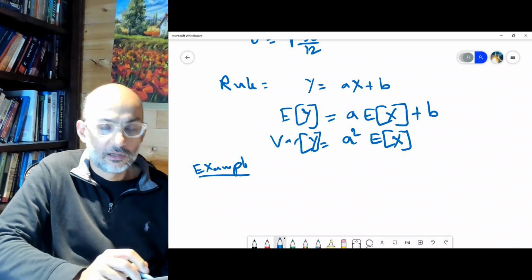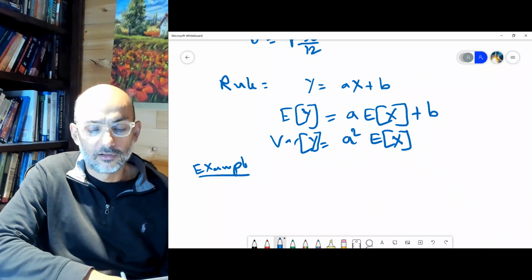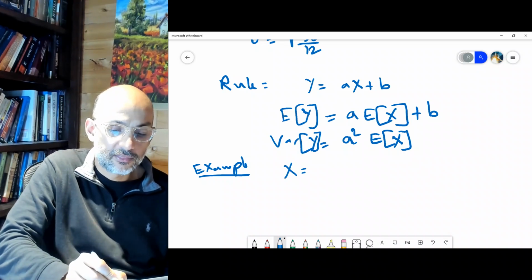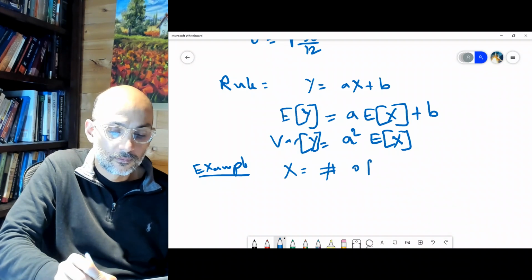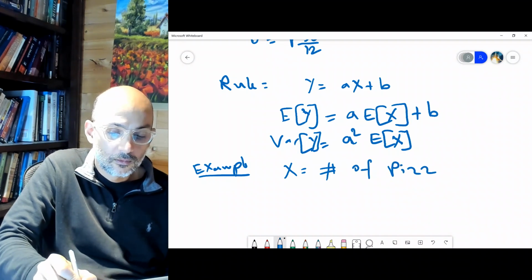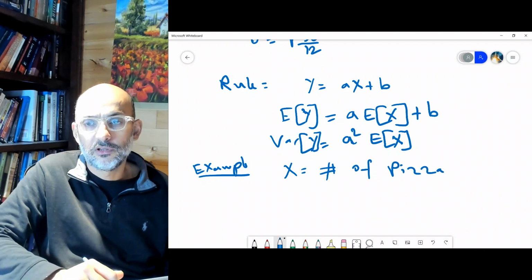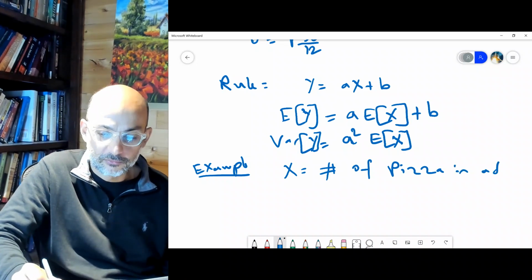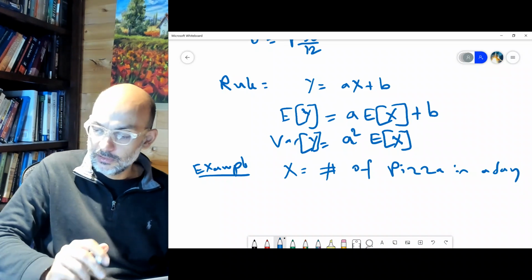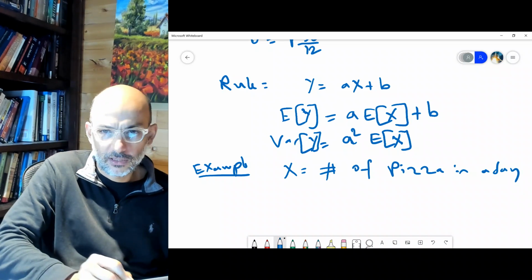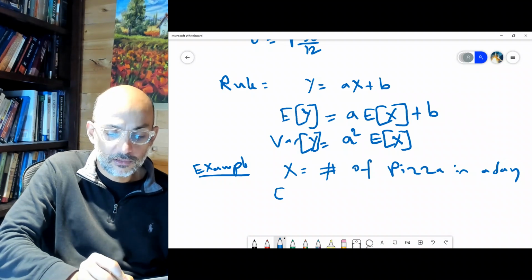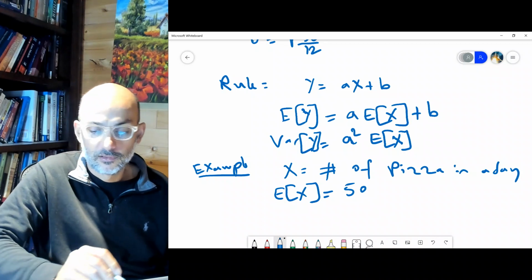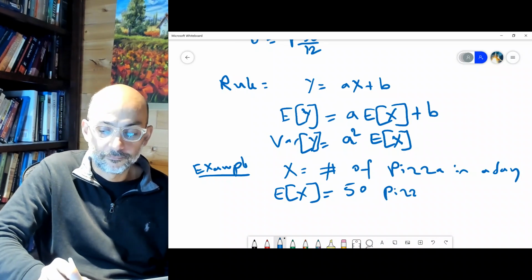Imagine a company that sells pizza, and the number of pizzas that they sell is a random variable, and we define it to be x. So x is what they sell in a day. On average, over a long time, they realized that the expected value of x is 50 pizzas every day.